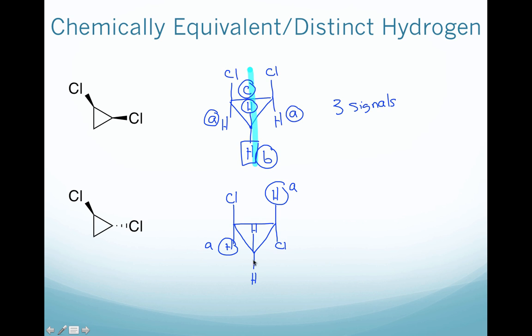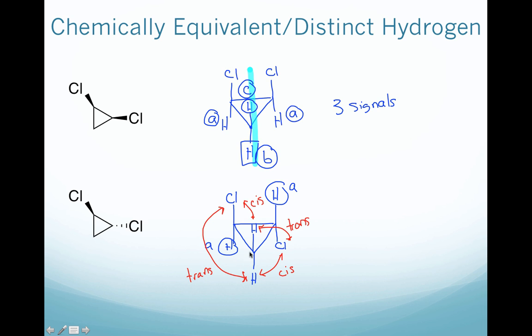Now these two hydrogens, if we think about them, the hydrogen pointing up, it has one cis chlorine, one trans chlorine. The hydrogen on the bottom also has one cis chlorine, one trans chlorine.